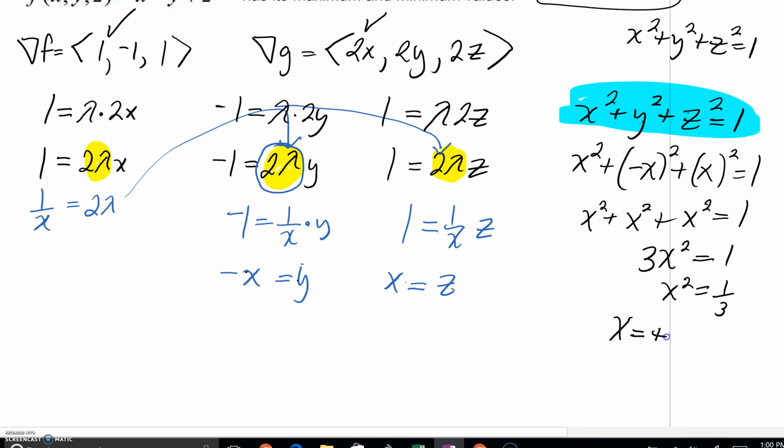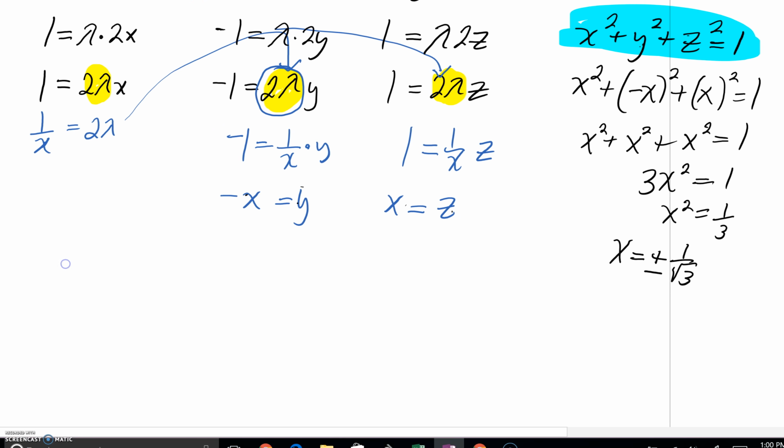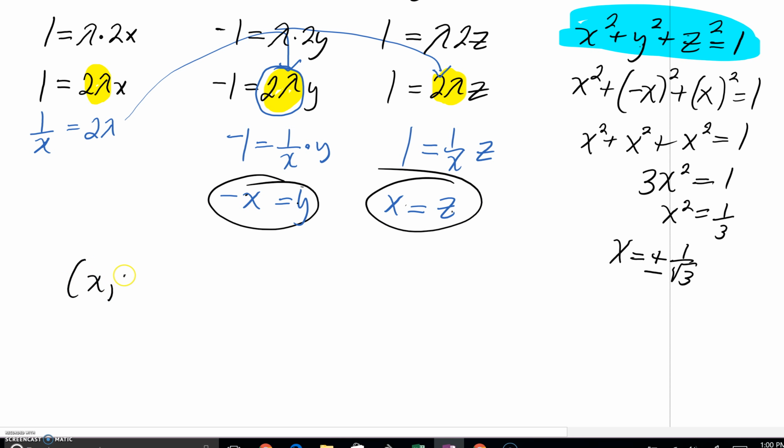Either the positive 1 over radical 3, taking a square root, or the negative of it. Are we doing okay? Now, at first glance, you'd say, okay, so x is equal to that. Well, guys, please understand that, now I know what y is and I know what z is also. So I can have an x comma y comma z.